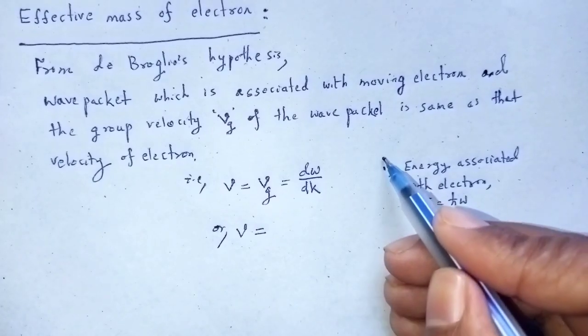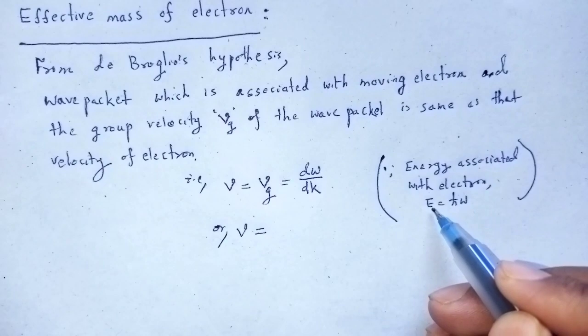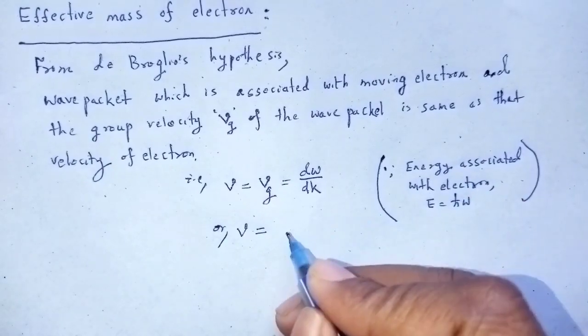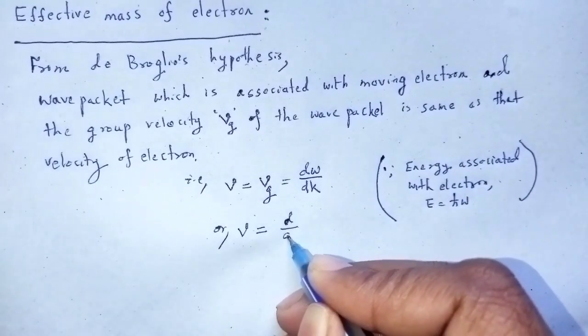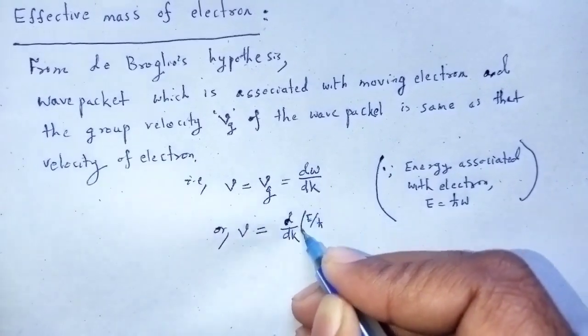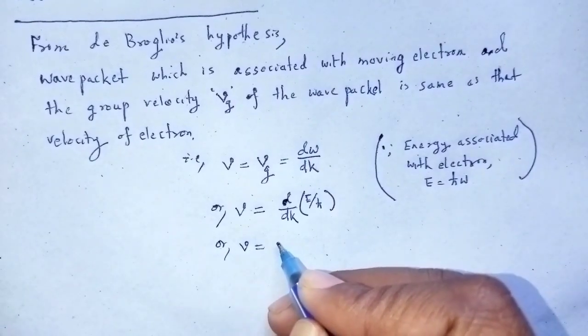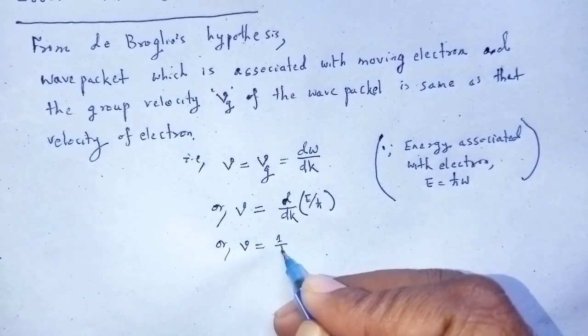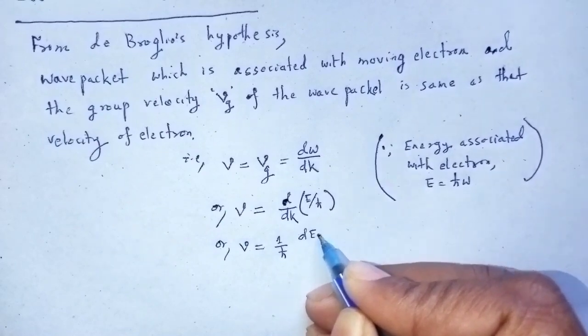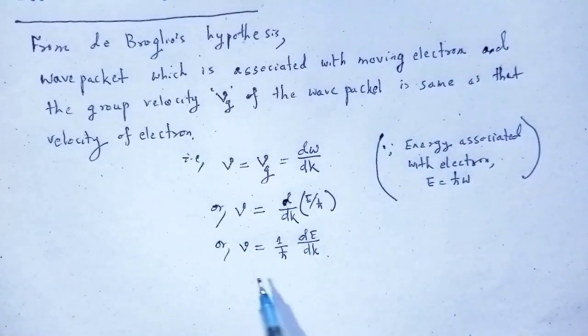In place of omega, we can substitute E by h cut, therefore d by dk of E by h cut, or v is equal to 1 by h cut dE by dk, that is the velocity of the electron.